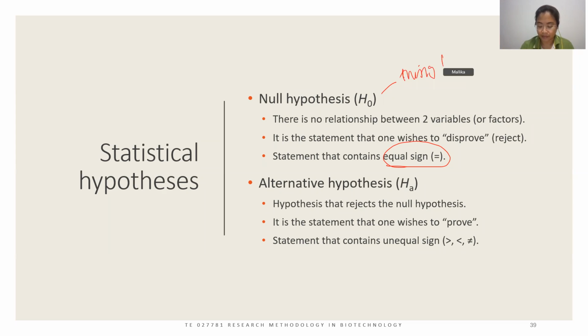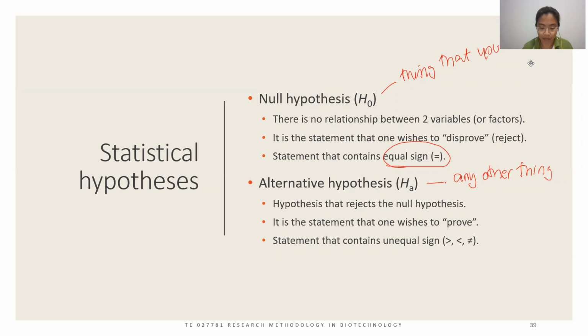It is the thing that you want to ask, the question point. And the alternative hypothesis is any other thing apart from what you want to ask. So it's not always an equal sign in that sense, because you could have some statement which may not represent the equal sign.